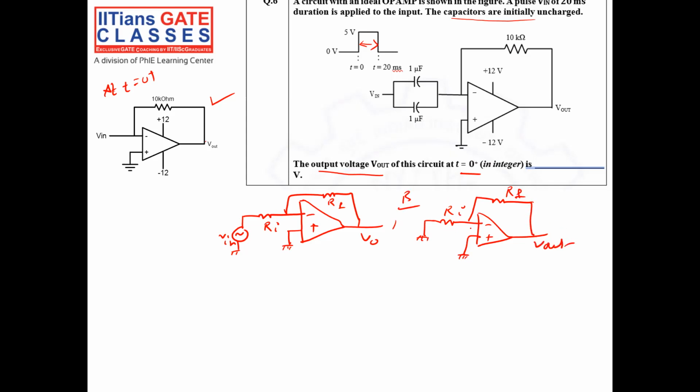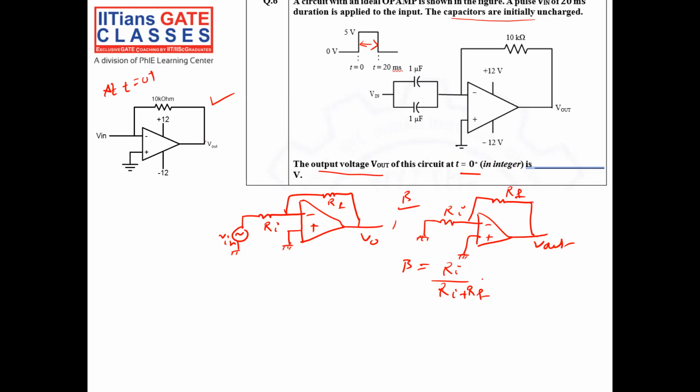What is the feedback factor beta? Beta is equal to RI by RI plus RF. That means some part of the output, V out into RI by RI plus RF, is fed back.